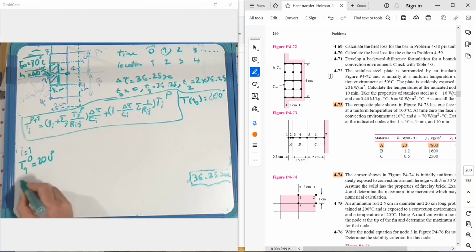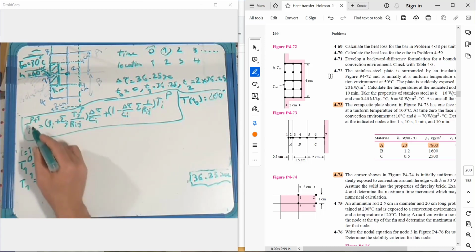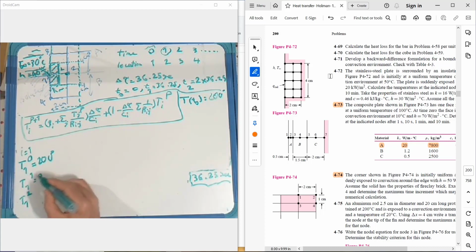This is okay. We want to know T1,1. We can understand it from this one. And after that, T1,2. When we find this one, we can understand what is the value of this one, and so on.